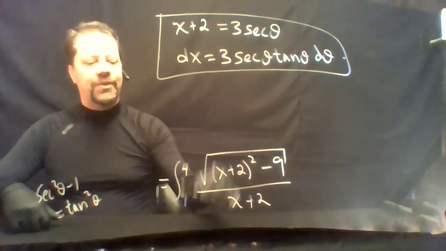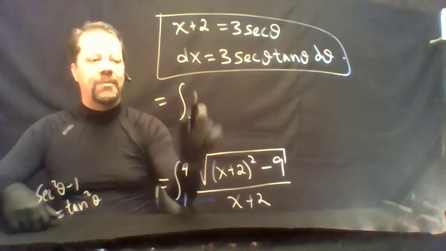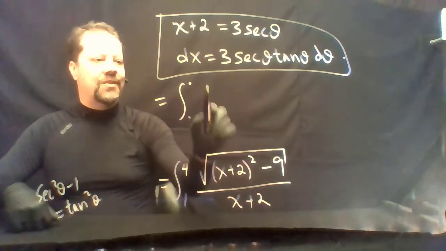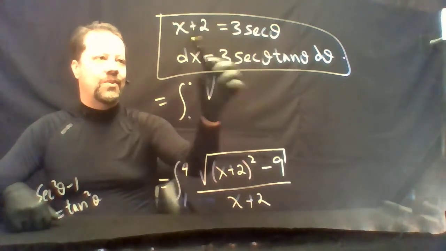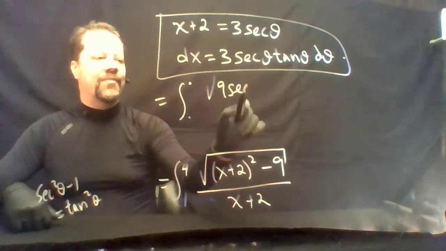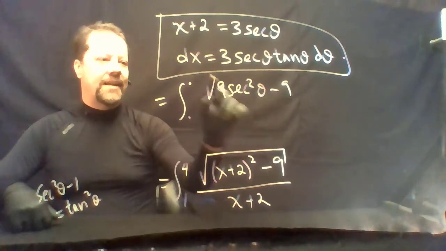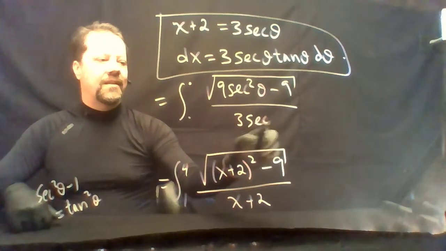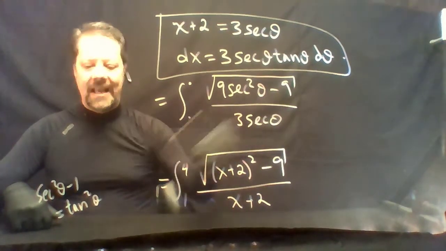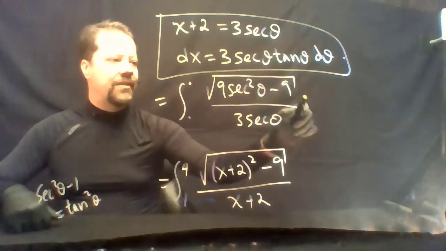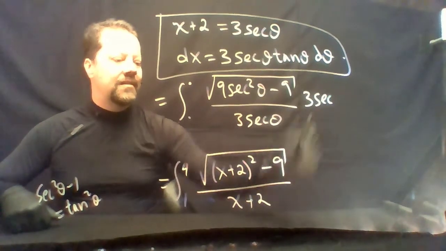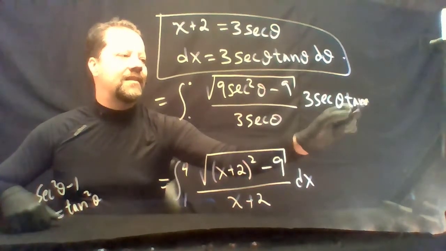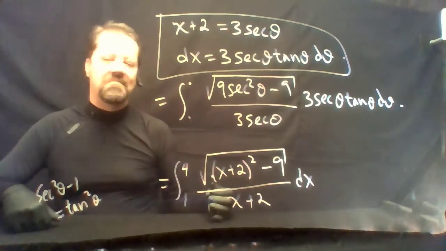Looks like transforming the limits of integration won't help. So I'm going to integrate from dot to dot. I'll have the square root of x plus 2 squared is 9 secant squared theta, still minus 9, all over 3 secant theta, but our dx gets transformed into 3 secant theta tangent theta d theta.